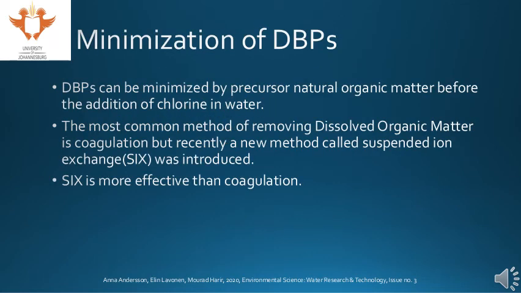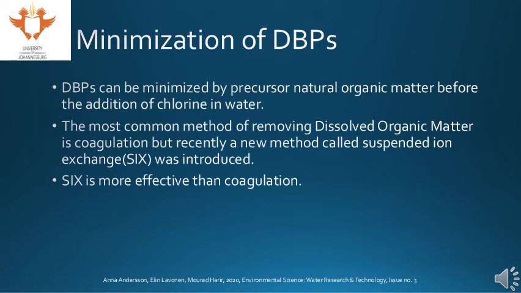Since we know that chlorination and ozonation can form harmful byproducts which can cause health problems, there are ways to minimize them. They can be minimized by removing precursor natural organic matter before the addition of chlorine in water.